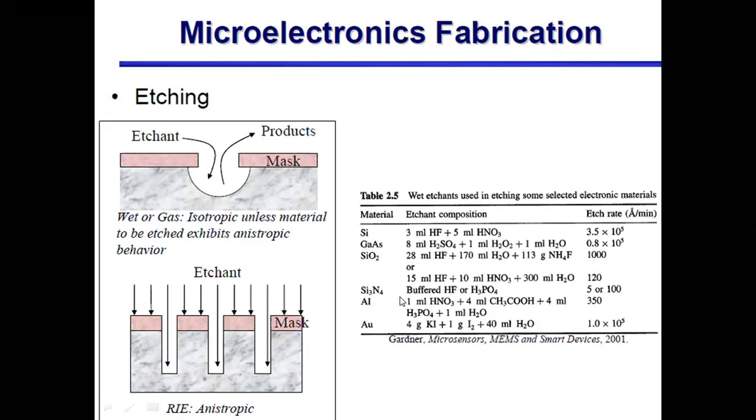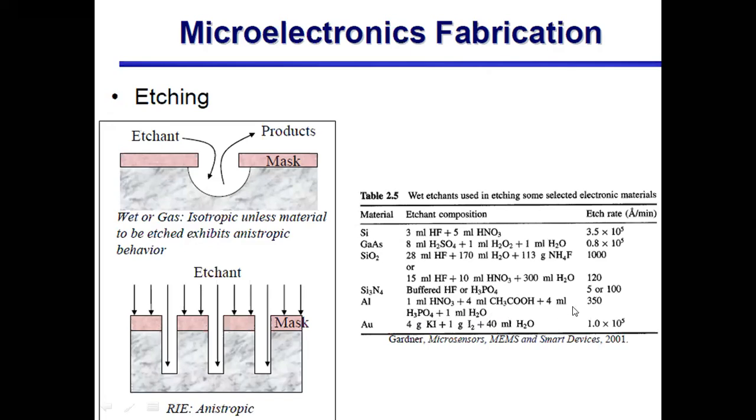Silicon nitride: buffered HF or phosphoric acid we would be using, and the etch rate is 5 angstrom per minute for HF, and for phosphoric acid it is 100 angstrom per minute. Aluminium: 1 ml nitric acid, 4 ml acetic acid, 4 ml hydrochloric acid, and 1 ml water.